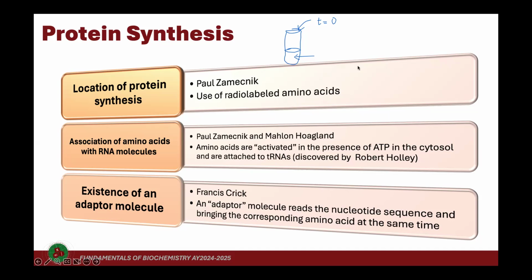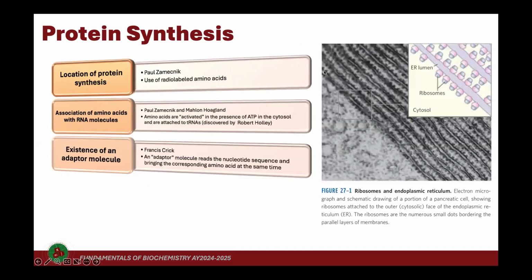There's a figure here that shows these fiber-like structures inside a eukaryotic cell. These fiber-like structures are the layers of your rough endoplasmic reticulum.